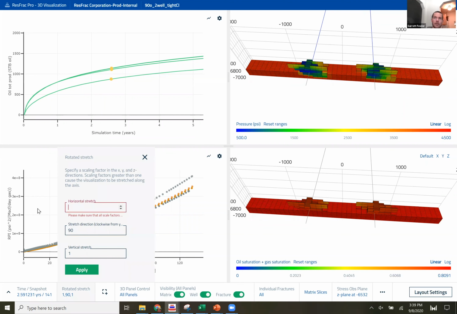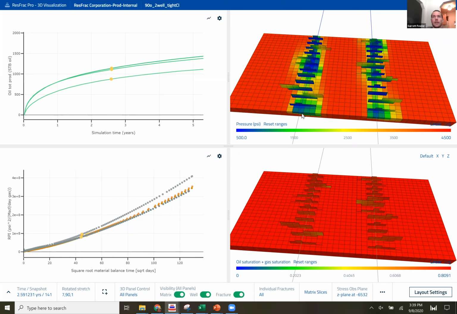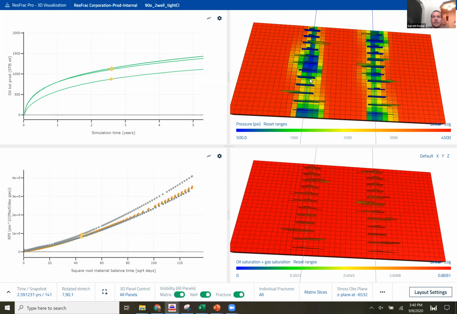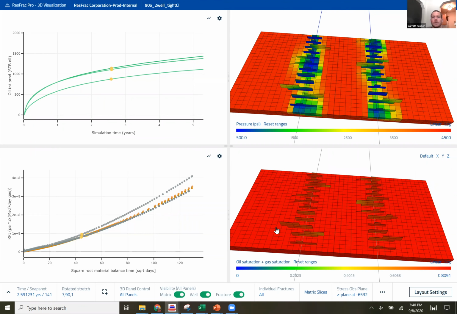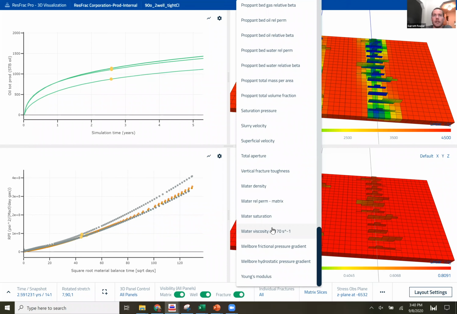And then I can stretch this back out again. And that kind of makes sense that I'd have more propped area because I'm just getting a little bit of proppant in each of those fractures.